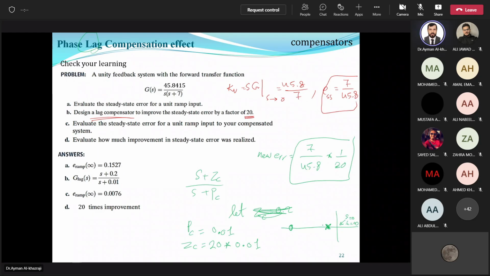Please ask me if you need to ask. Is this clear? Someone will say PC. Sorry, yes, PC equals 1. No problem. You can take ZC equal 20. You will find S plus 20 over S plus 1. If you add this, when you put S equals 0 at the steady state, you will find the same thing.